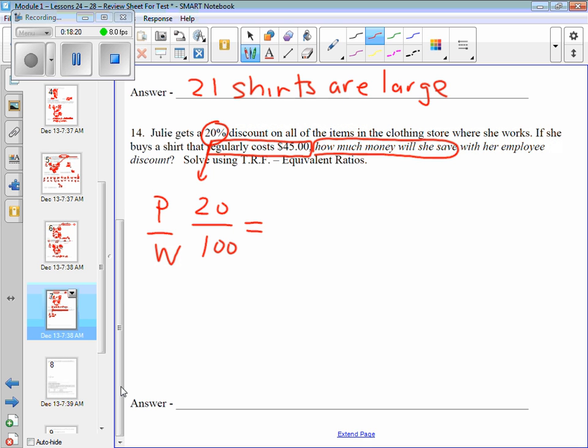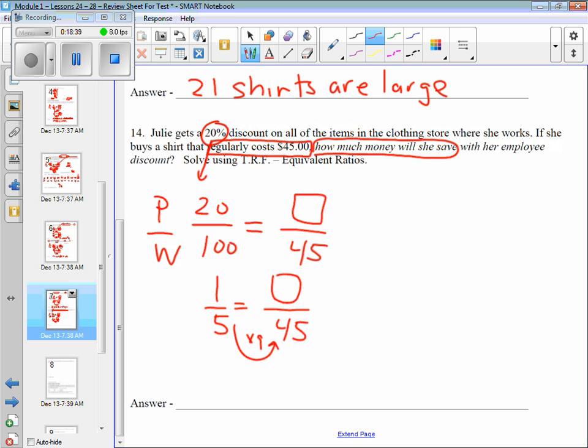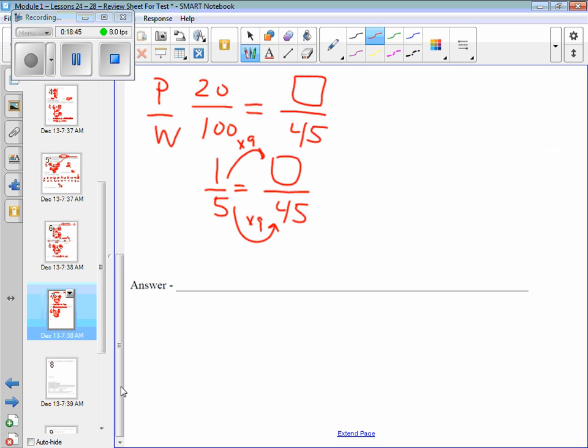The whole amount is 45. And what we're trying to find is the money saved, which is part of the whole. You have to reduce this to 1 over 5. And we find out that we create that equivalent ratio by multiplying both top and bottom by 9. 1 times 9 gives us a savings of $9.